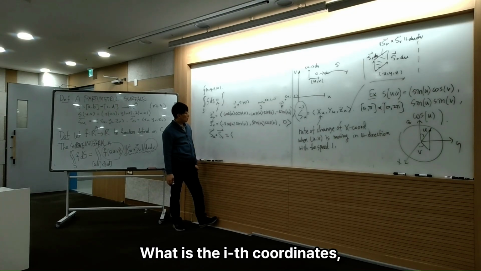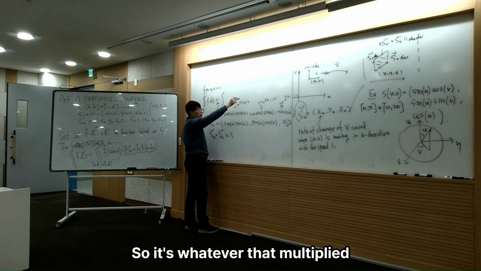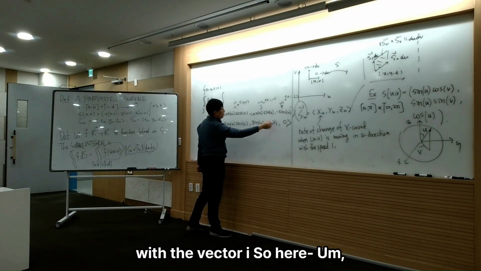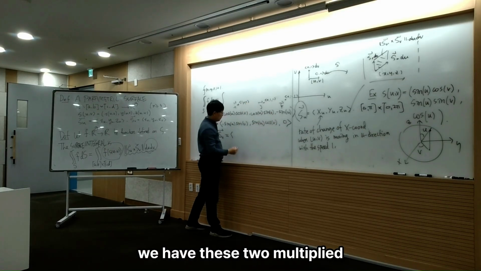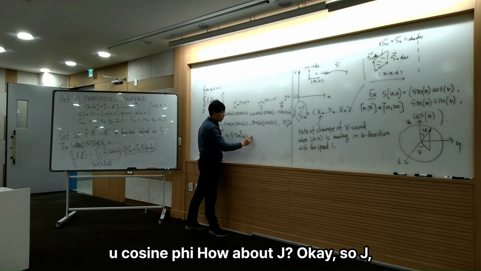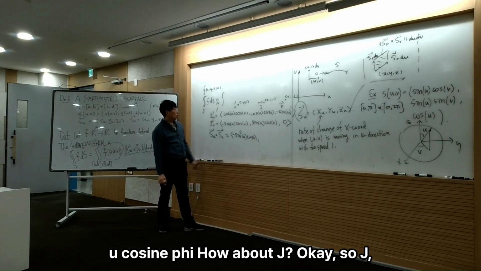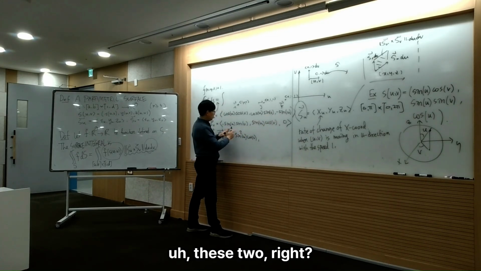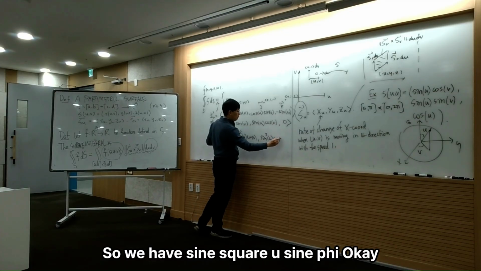What is the i coordinate, the first coordinate of this? It's whatever is multiplied with the vector i. So here, if I have a diagonal, then it's 0. If off diagonal, we have these two multiplied. So we get minus sine squared u cosine v. How about j? For j, I get this positive by multiplying these two, right? So we have sine squared u sine v.